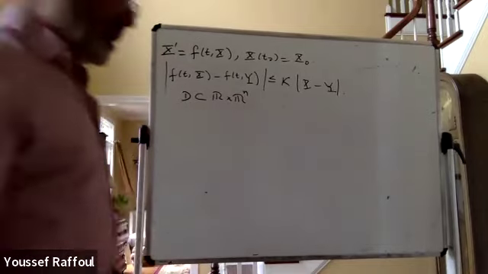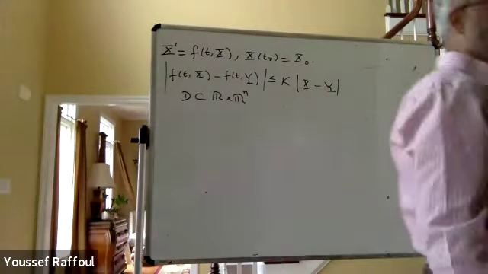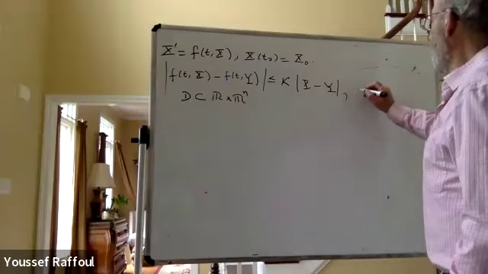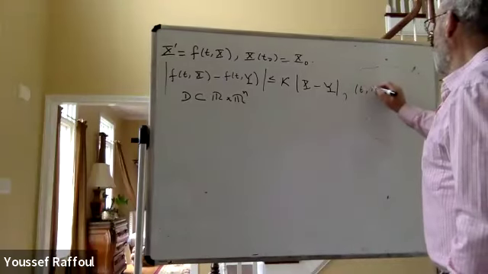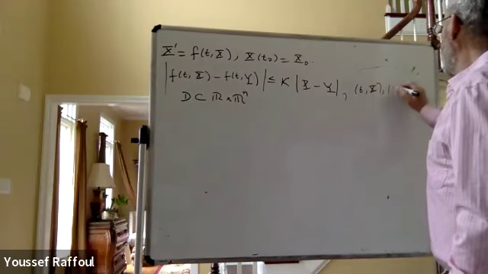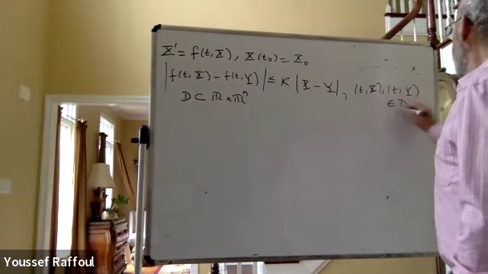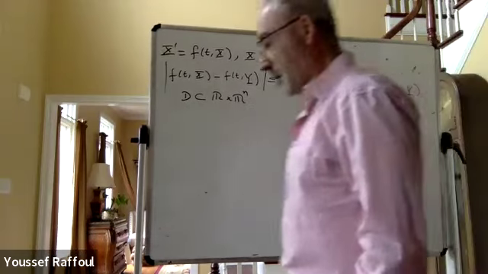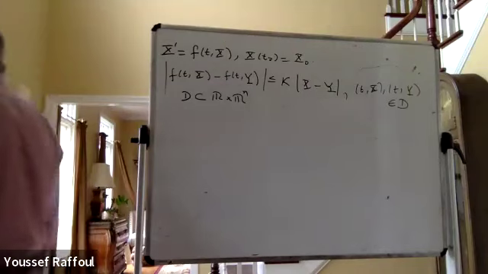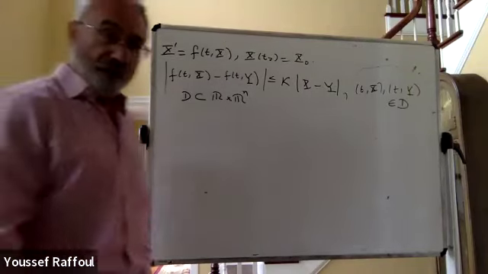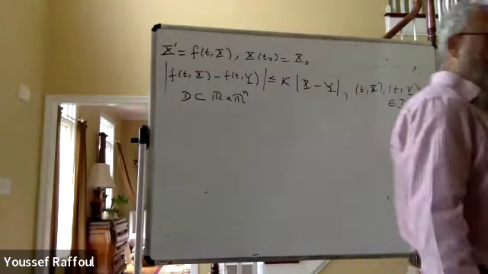This is a subset D in the proof of the other theorems, if you need it. And this is meant for (t, X), (t, Y) belonging to D. It depends, whether you have a globally Lipschitz or a locally Lipschitz and so forth.